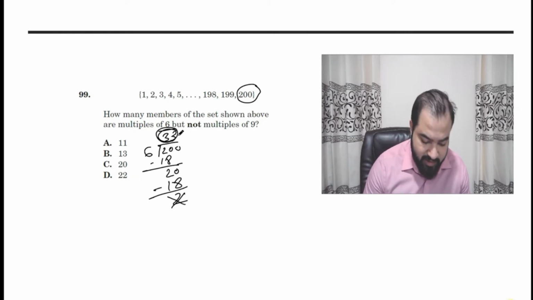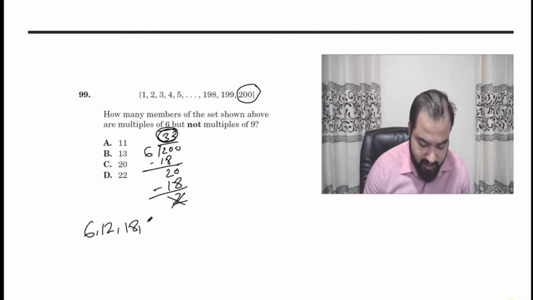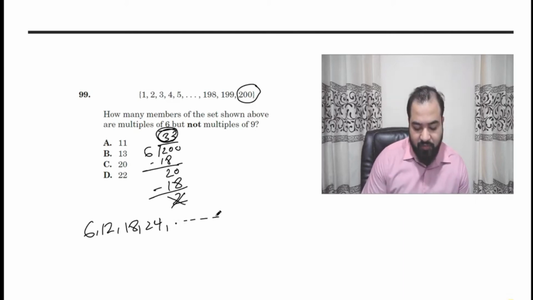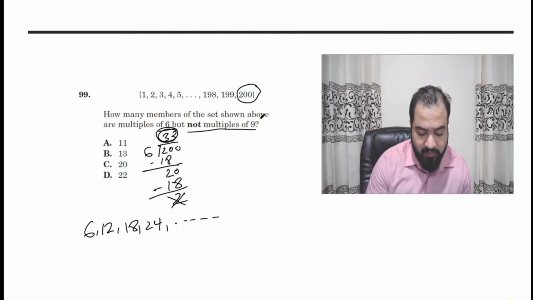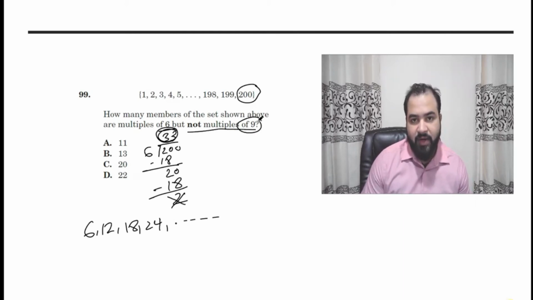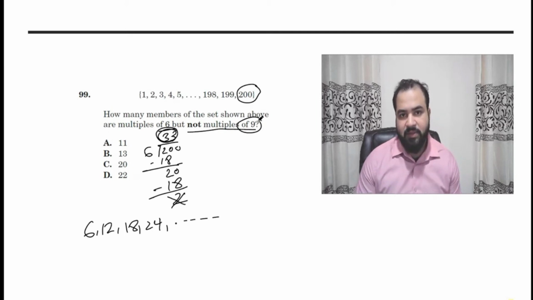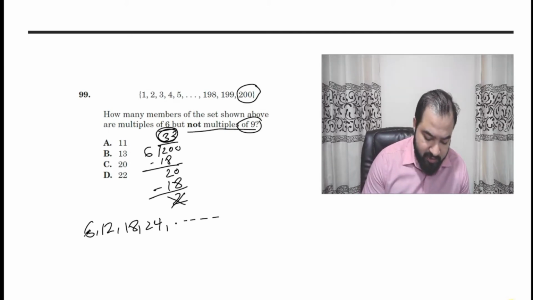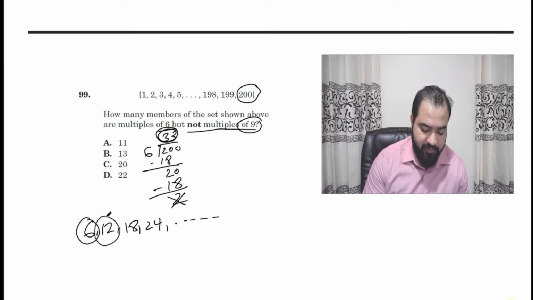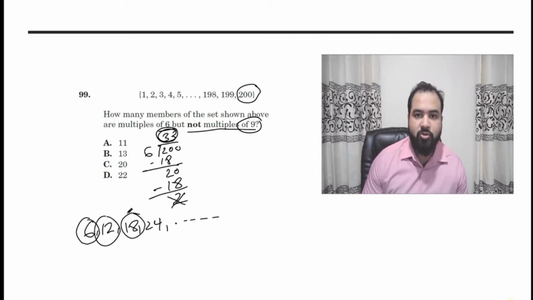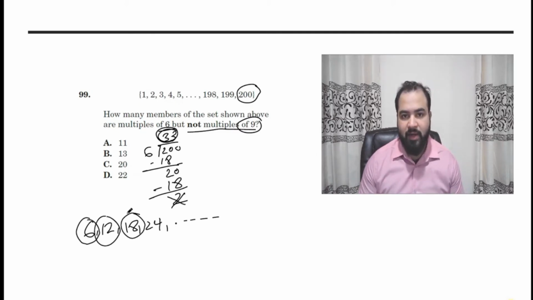We can list them. They are 6, 12, 18, 24, and so on. Now, out of them, they said but not multiples of 9, because they don't want multiples of 9, just pure multiples of 6. So 6 is just a multiple of 6, not a multiple of 9. That's good. 12 is good. But 18 is also a multiple of 9, meaning we can divide 18 by 9.